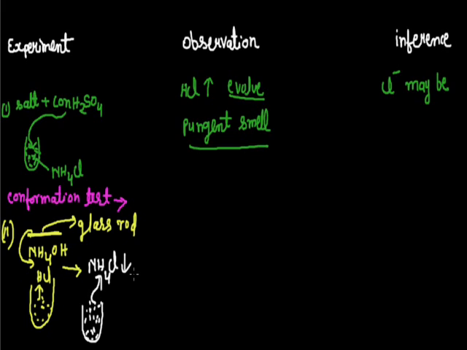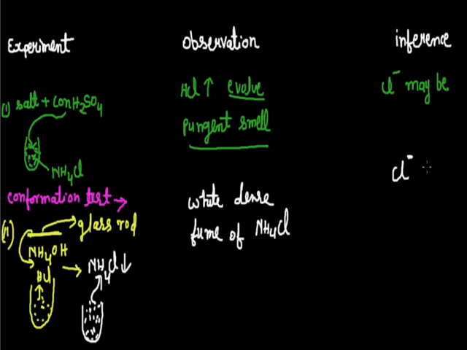So if dense white fumes of NH4Cl are observed, then we can say that the salt contains Cl negative definitely. The observation is white dense fumes of NH4Cl, and the salt contains Cl negative, confirmed. This is the confirmation test for Cl negative.